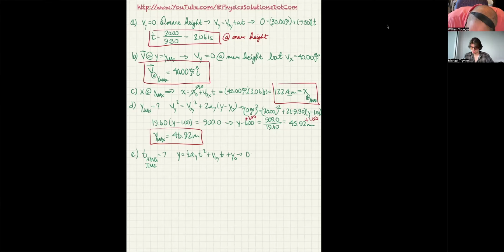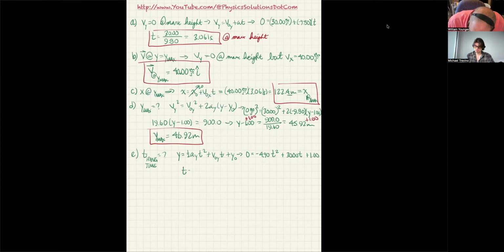I'm going to say 0 is equal to negative 4.90. Notice I'm leaving the units off. Times t squared plus 30.00 times t plus 1.00.